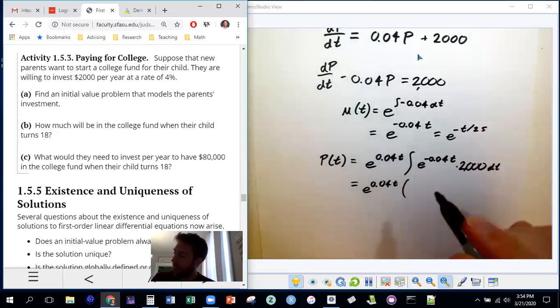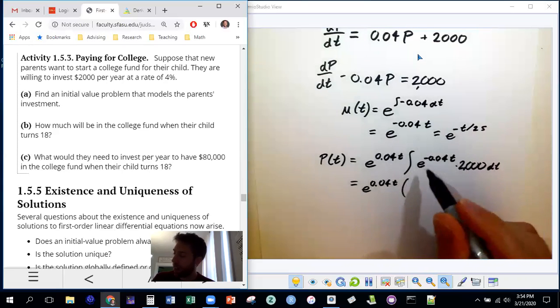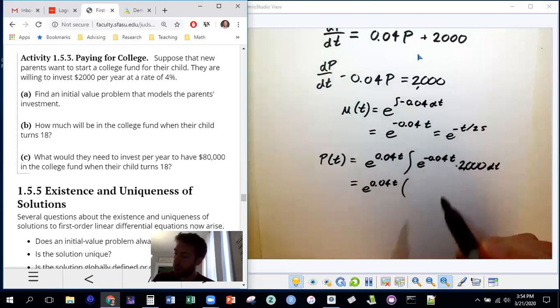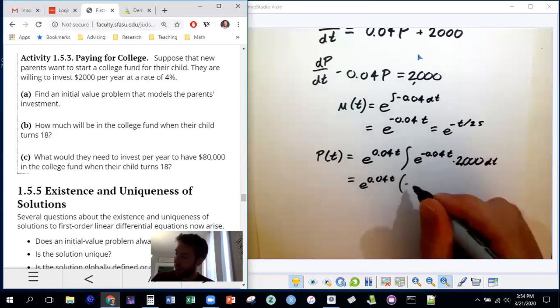Fractions are better. So integrating here would be e substitution, which means you divide by 0.04. This means you're multiplying by negative 25.